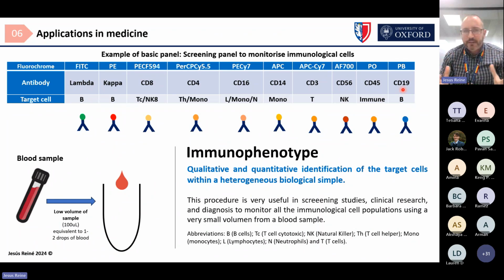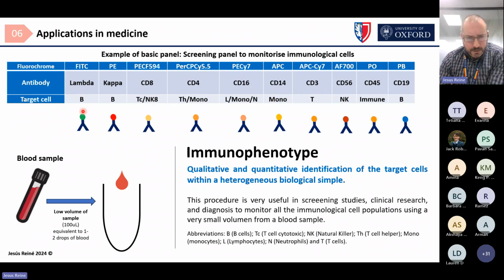But the important thing here is not to memorize these things. The key is that all these antibodies are specifically addressed to very specific antigens and proteins on the surface of the cells. And thanks to all of them in combination, we can classify and stratify different populations.